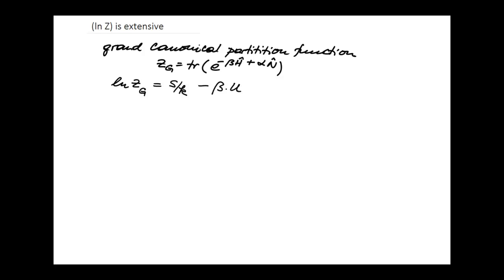But then, since we are grand canonical, we also have to add alpha times N. The N without the hat is the expectation value of particle number. It's the same logic as before.